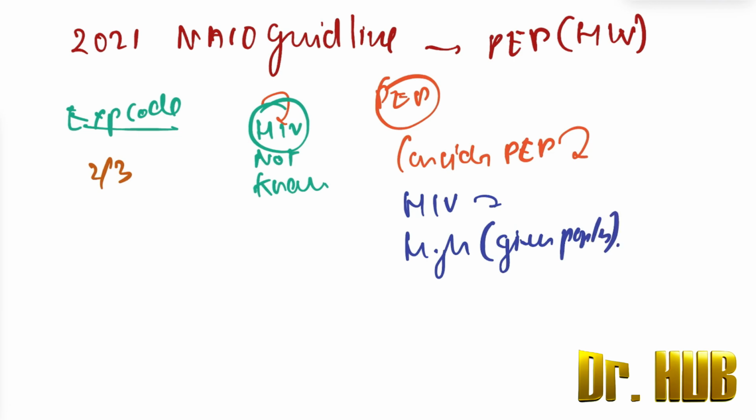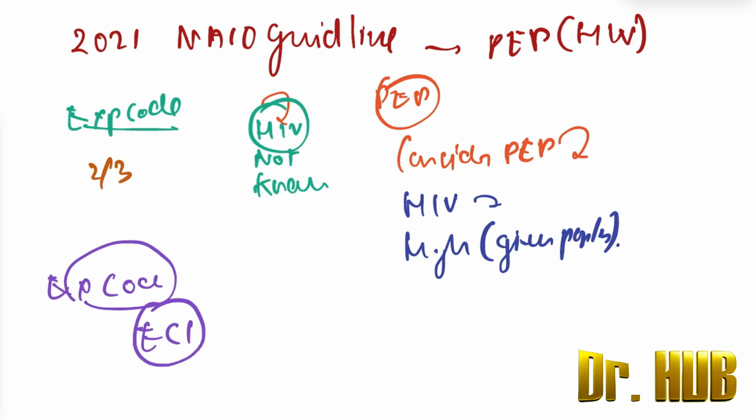So now let's look at the exposure codes. There is something known as EC1. EC1 refers to mild exposure. What is meant by mild exposure?